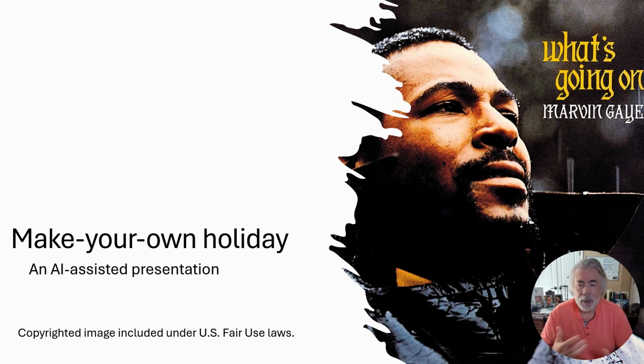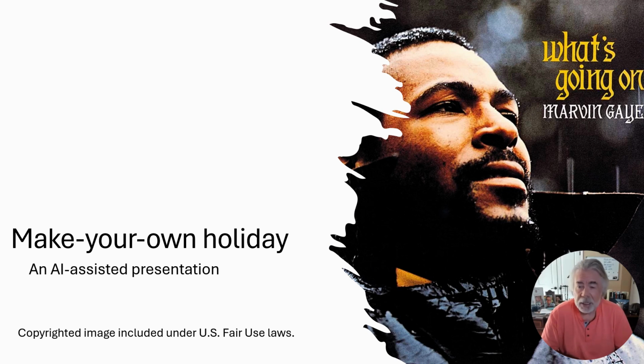As I said, we'll talk about this more in the discussion boards, and you're welcome to ask me questions. But this is how to do one of the two options, which is to use AI to create a new holiday. So I chose to create a holiday based around an album that came out in 1971 called What's Going On by Marvin Gaye. It is considered by Rolling Stone magazine to be the greatest pop, soul, rock album of all time.